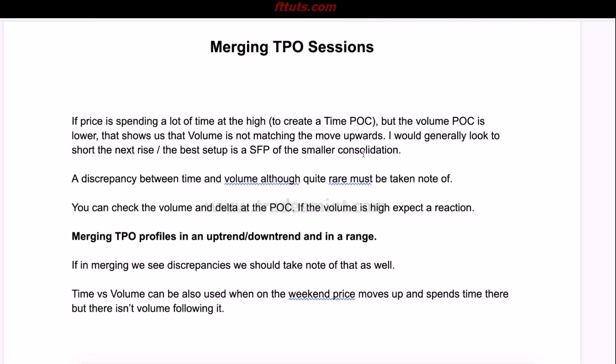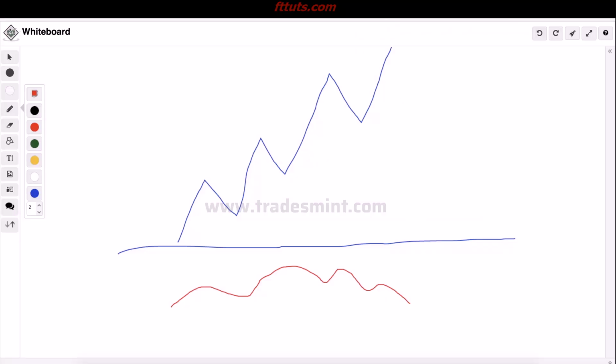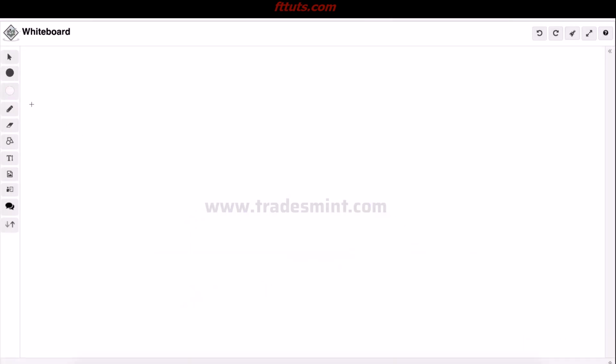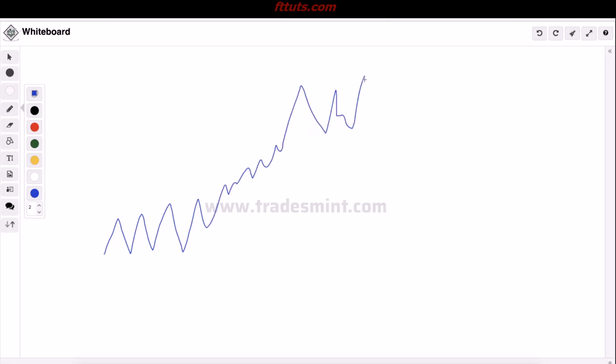If we have some kind of Bart Simpson pattern going on at the high, let me actually just draw it out for us, okay? So basically, let's say that we have a range here, and we were trading down here like this, and all of a sudden we have a move to the upside, and now we've been trading up here, okay?